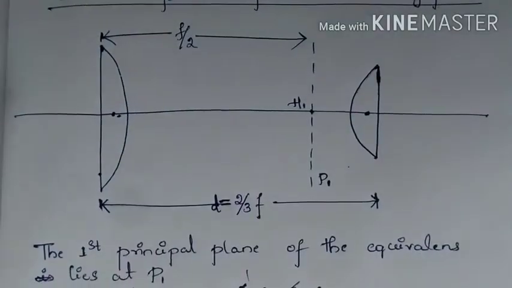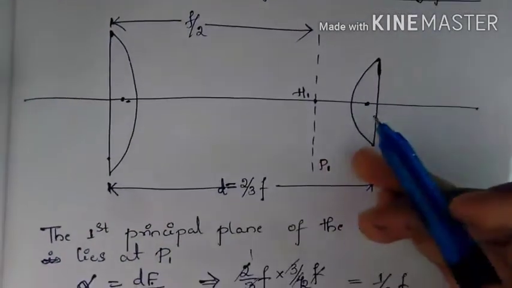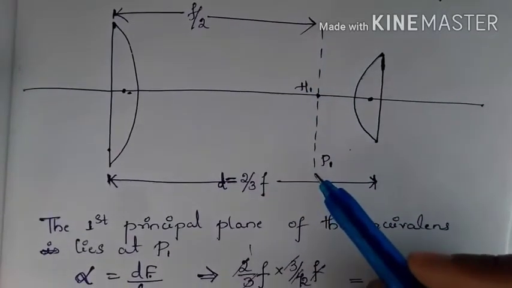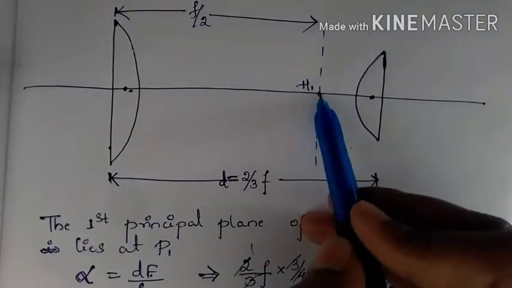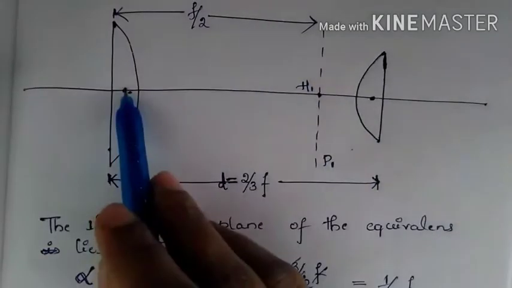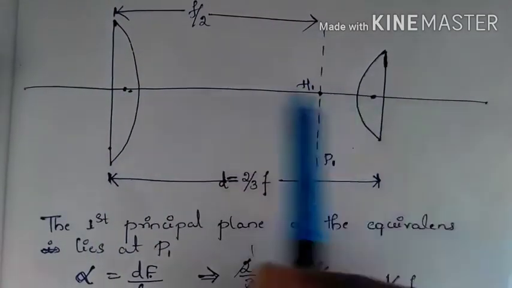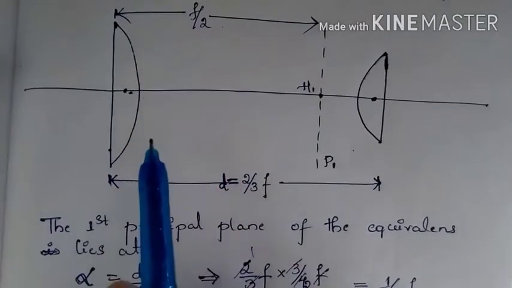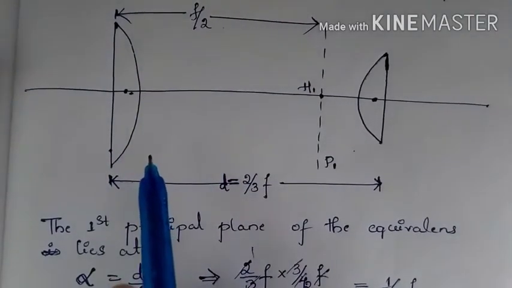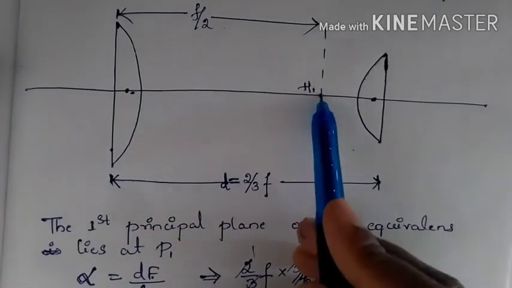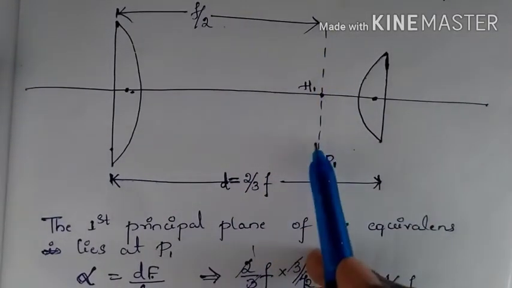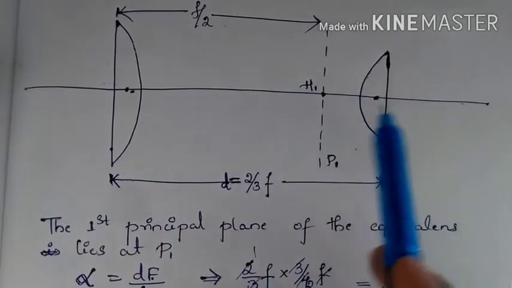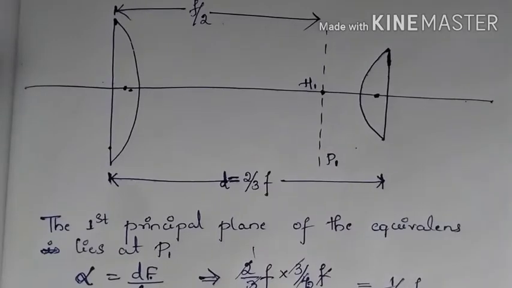So this is the first principal plane, this H1 is the principal point. So this point is lying between the field lens and the eye lens at a distance f by 2 from the field lens. Now this H1 plane, as I said, cuts the principal axis and there forms the principal point.